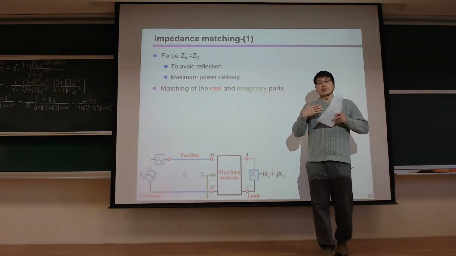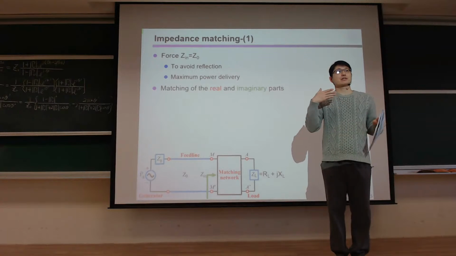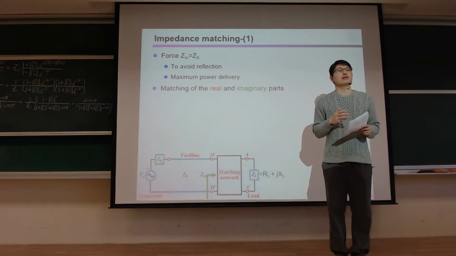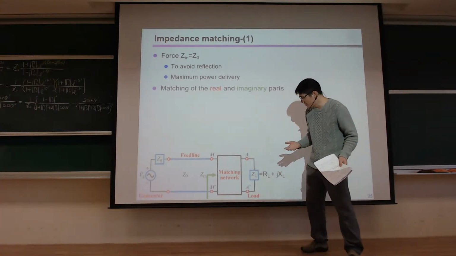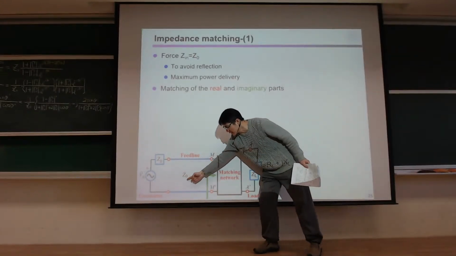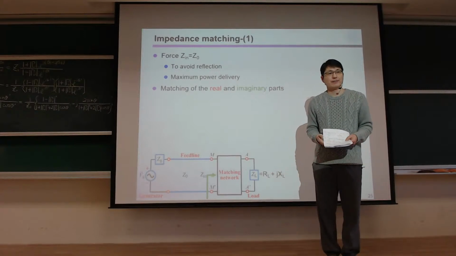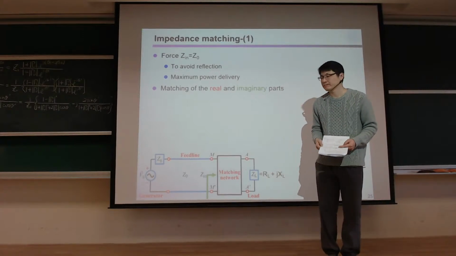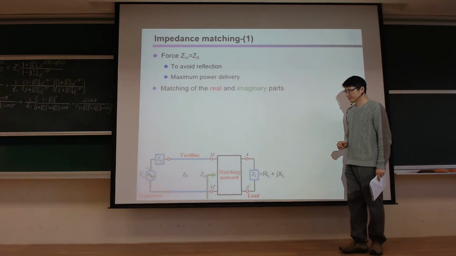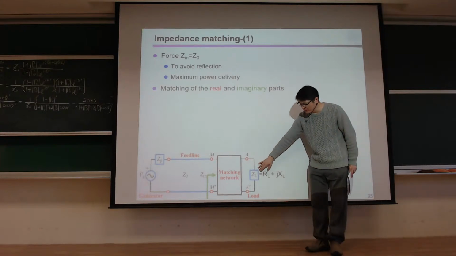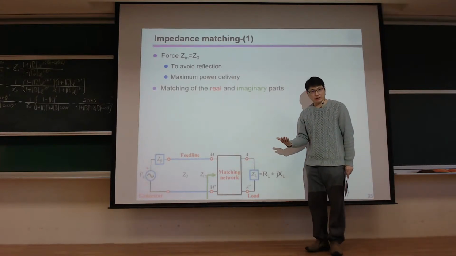And since the very reason we want to assume the transmission line is lossless, the characteristic impedance in this case will be purely real. Okay? So think about it. We have a load. It's a general load.